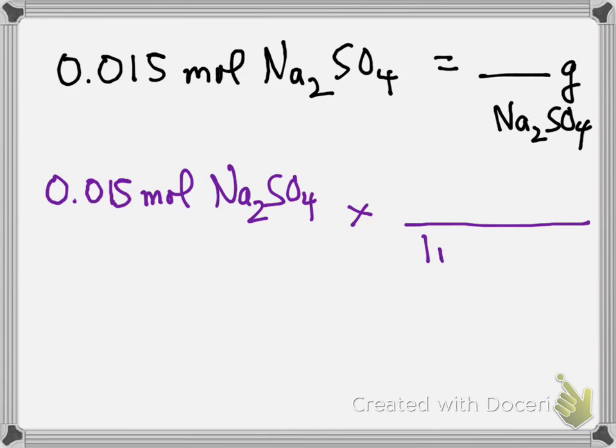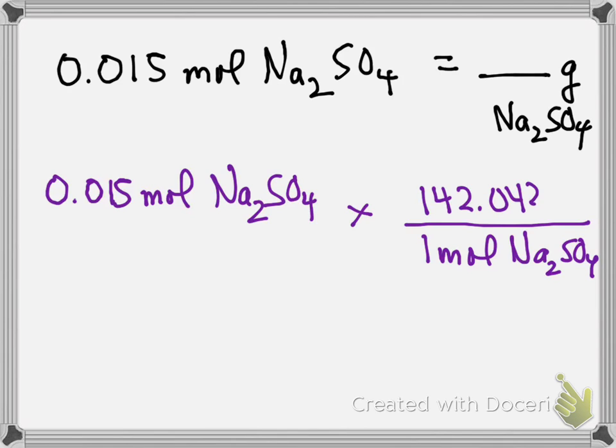We know that 1 mole of sodium sulfate is 142.042 grams. Of course, we just get this from periodic table analysis. When you're doing the problems in class, you can also use the Chemtrix app.